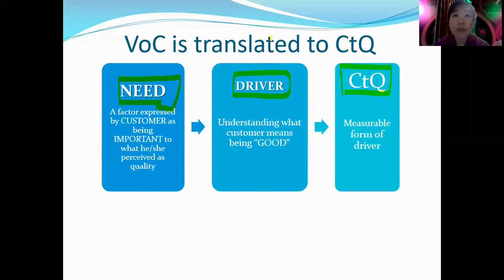I will give you a few minutes, or you can pause this video before you see the answer. Think about the customer needs from the perspective of the customer, and then translate the customer need, the voice of customer, into the critical to quality. Try.